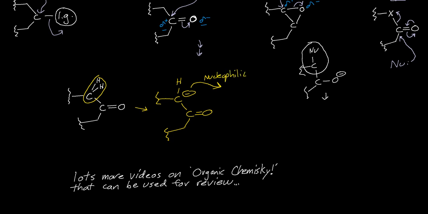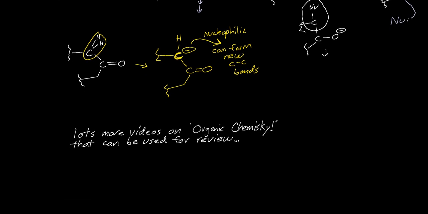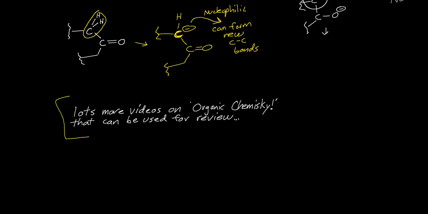But the importance is clear because this is a nucleophilic carbon that can form new carbon-carbon bonds. And so the first unit that we go into in depth is enolate chemistry. That will describe a lot of this. So like I said, there's lots more videos on the YouTube channel, Organic Chemistry.